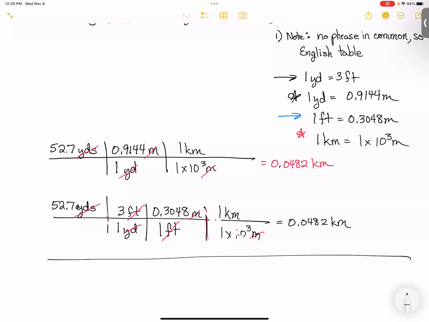That's the only one that is confusing on this table, is the ounces. Otherwise, they're straightforward. It's either length, mass, volume, or apothecary. But there's an ounce in both categories of mass and volume that you've got to be careful of.